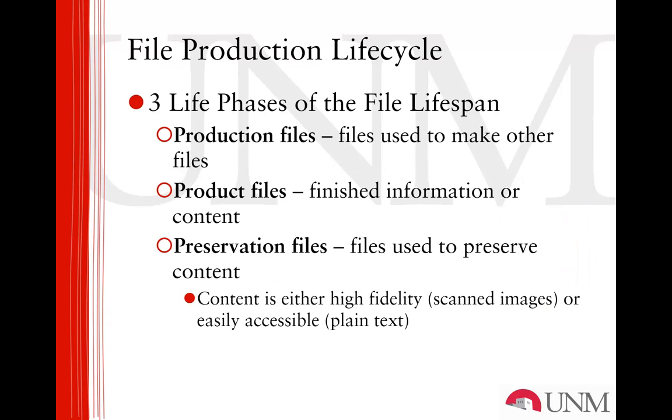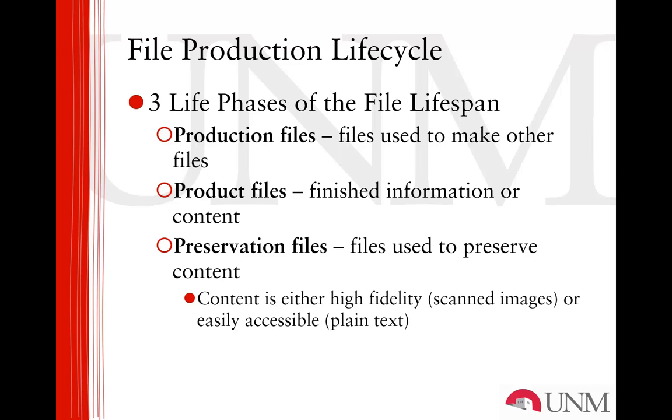So now it's time to go back to that diagram that we looked at in the early part of the lecture. Every set of files produced by an organization tends to go through three different phases of its lifespan, and you can equate these phases to the youth of the file, the middle age, and then the old age of the file.